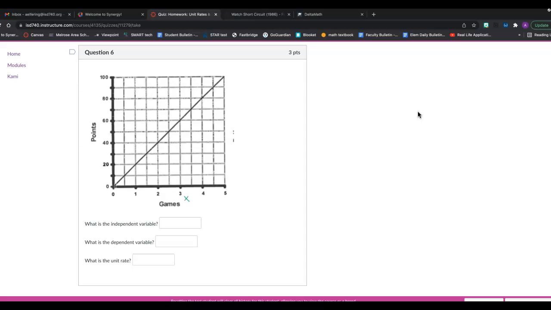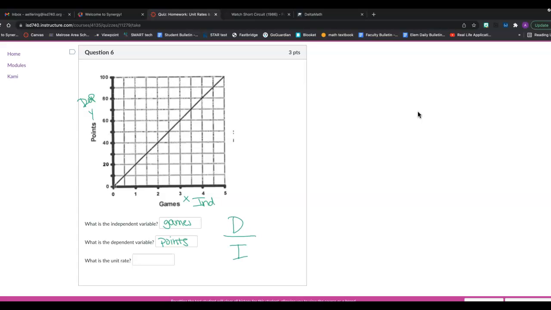This is our X and this is our Y. This is our independent. This is our dependent. So independent variable is games. Dependent is points. When we find the unit rate, we're going to put dependent over independent.